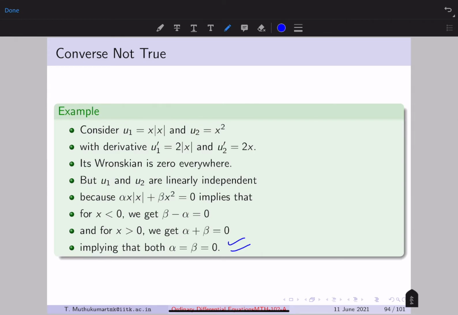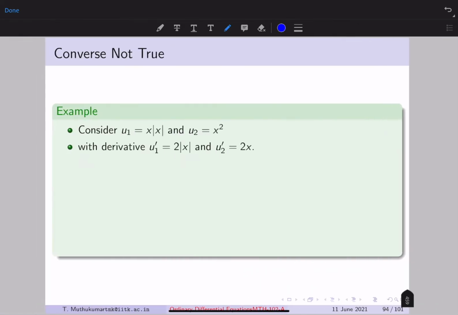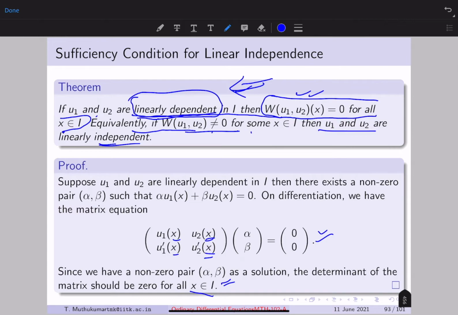Which means that the given functions u1 and u2 are linearly independent, whereas the Wronskian was 0 everywhere. So the converse of this statement is false. We have shown an example where the Wronskian is 0 everywhere, where the functions are linearly independent. So the converse of this statement as such is not true.